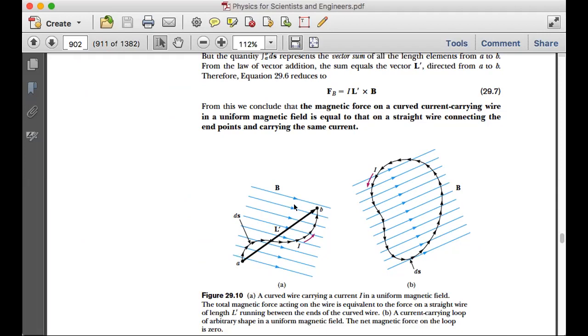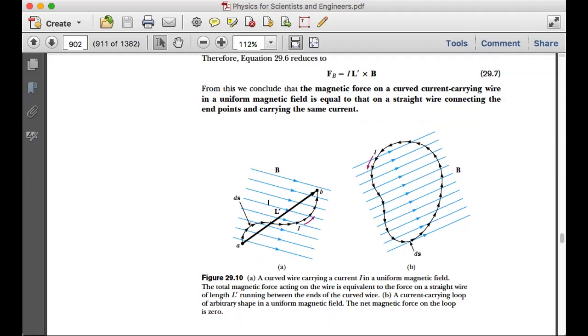Because this is a cross product, it preserves only the component perpendicular to this B. So if the component of ds which is parallel to B, the cross will be 0.